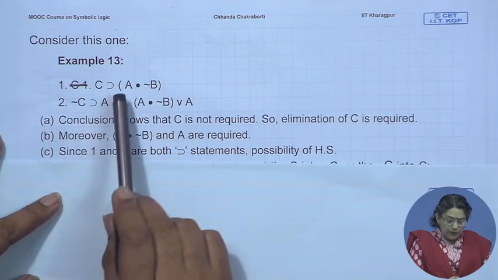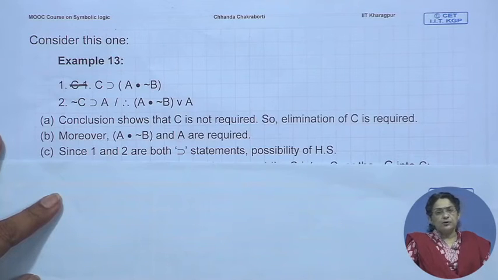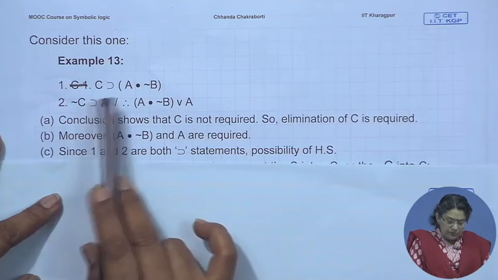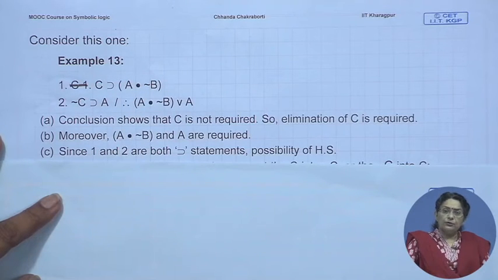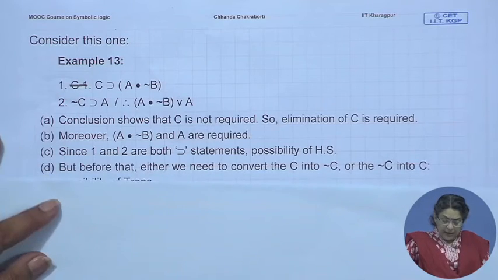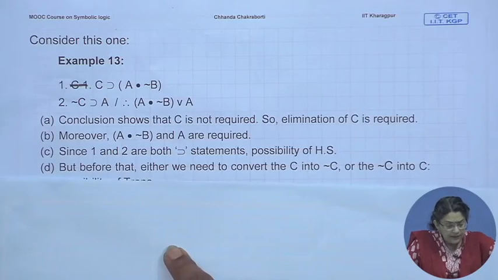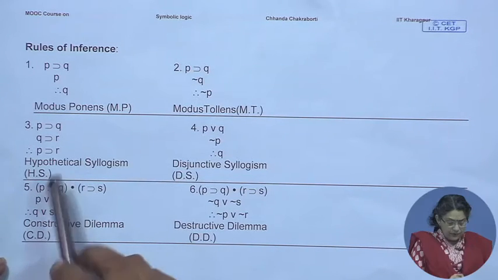Since 1 and 2 are both horseshoe statements, this opens up the possibility of applying the horseshoe rules, and it seems there is a way to use the HS here so that we keep only the A and A dot not B, but how? You have to start thinking. Remember that we need an exact match in order to use the HS rule.